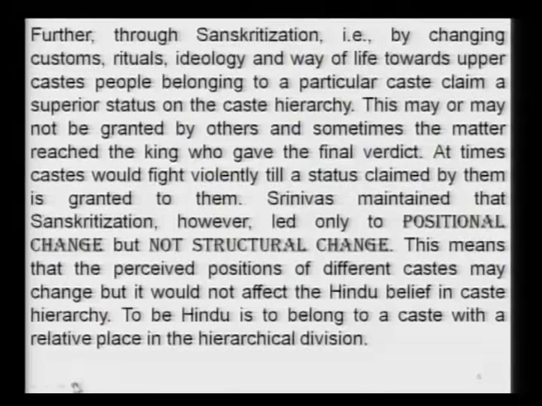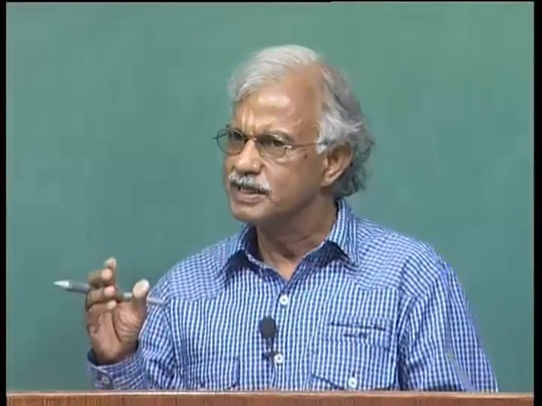Through Sanskritization, that is by changing customs, rituals, ideology and way of life towards upper caste, people belonging to a particular caste claim a superior status on the caste hierarchy. This may or may not be granted. Srinivas maintained that Sanskritization, however, led only to positional change, meaning change in position of some specific castes which were trying to Sanskritize their ideology, rituals and lifestyles, maybe learning the Sanskrit language, maybe becoming vegetarian, maybe taking to prayers, maybe reading the Ramcharitmanas and Mahabharata, whatever.